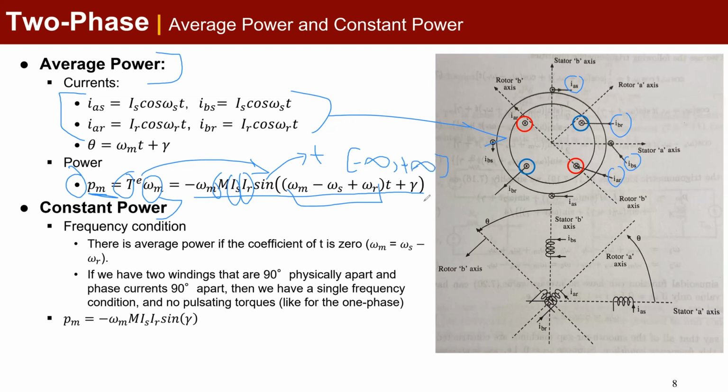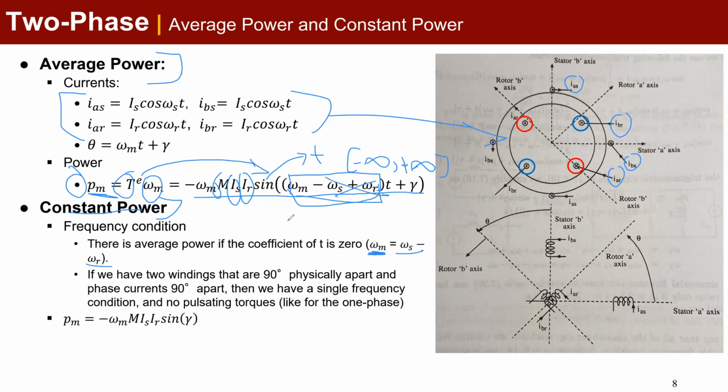So that doesn't really help us with constant power. Well, that is one of the conditions that we have to have in order to solve for this constant power. We have to make this term right here be zero. We have to get rid of this t term. So we have to make this total frequency equal to the stator frequency minus the rotor frequency. We have to eliminate these two.